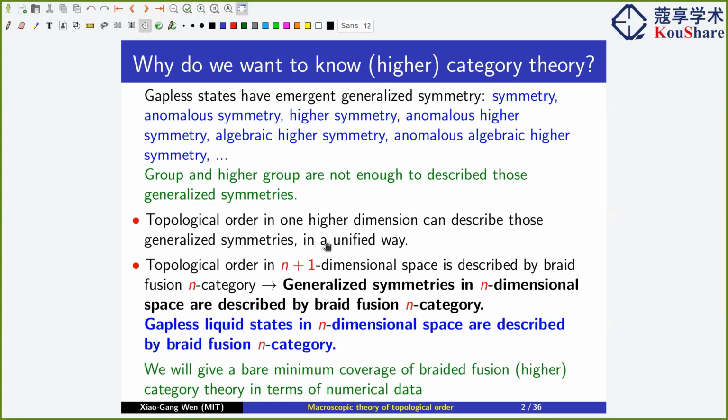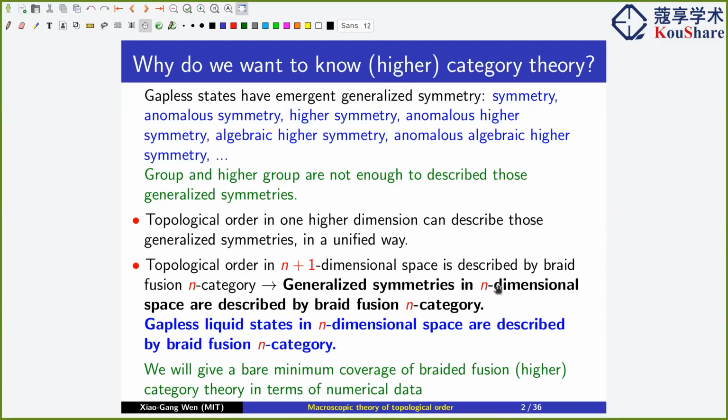More concretely, the topological order in one higher dimension, like n+1 dimensional space, is described by a so-called braided fusion n-category. So there's a shift. Because topological order describes symmetry in one lower dimension, we say that this braided fusion n-category describes a symmetry in n-dimensional space.